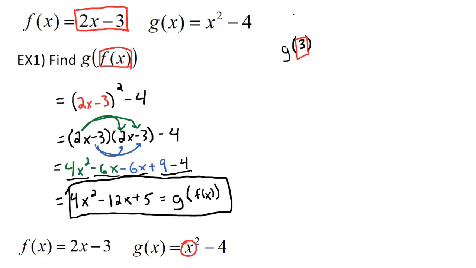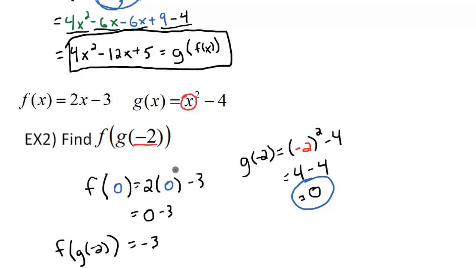But on the second one, because we had a value that we were going to evaluate with, it's usually easiest to evaluate the input first, g of negative 2, and then substitute that value, which we found was 0, into our function, and then evaluate, which gave us our answer of negative 3.